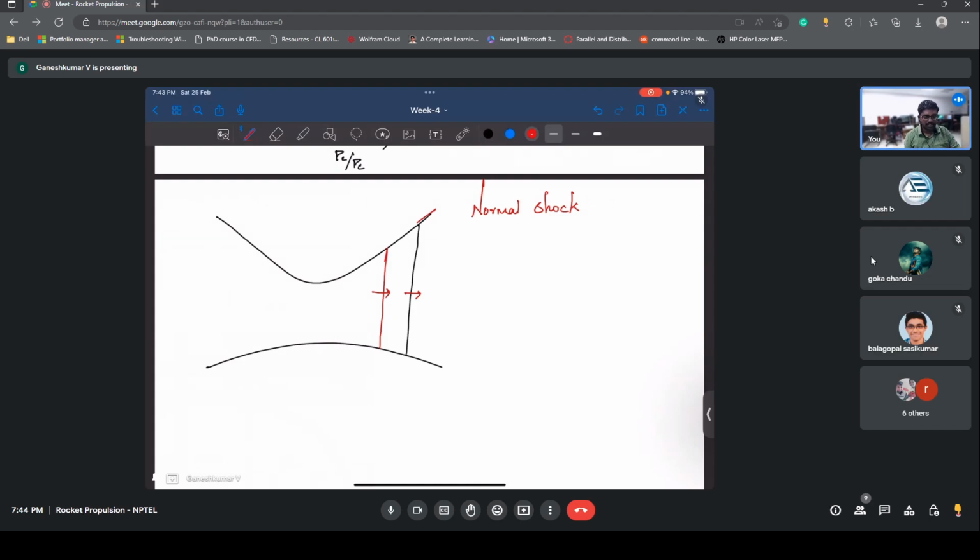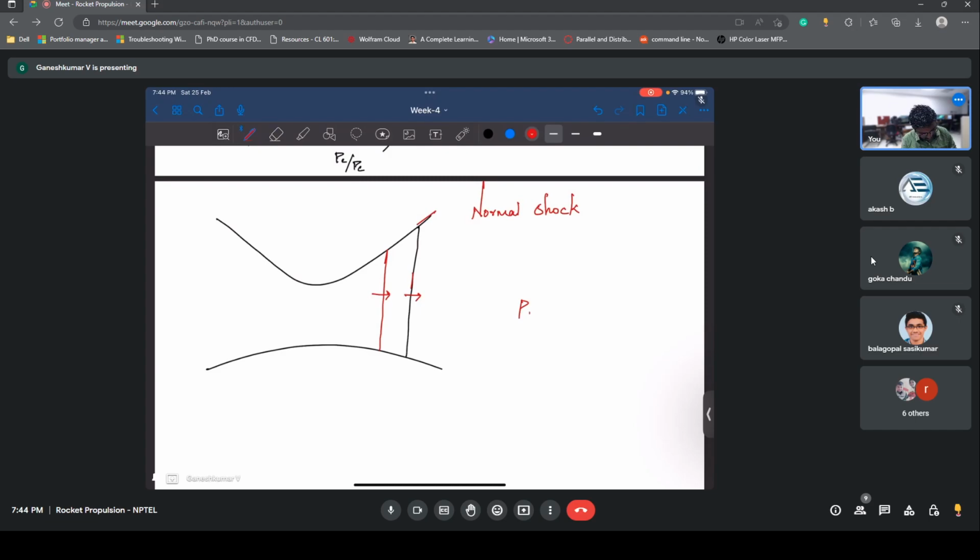It's going to be straight, and this normal shock will keep on moving as PC by PE increases, where PC is the tank pressure and PE is the back pressure. As you keep on decreasing the back pressure, the shock keeps on moving, and at some point there will be a back pressure for which it cannot really put a normal shock. So what happens? It puts an oblique shock like this.